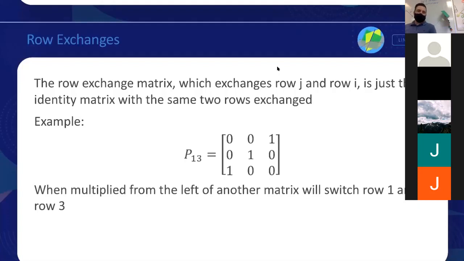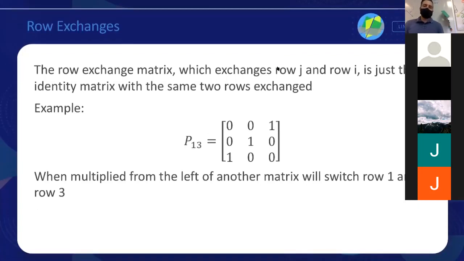These ones are a lot easier. This will exchange two rows when you multiply, again, from the left. Say my coefficient matrix, when I lay it out, is 0, 0, 4, 1, 2, 3, 1, 1, 1.